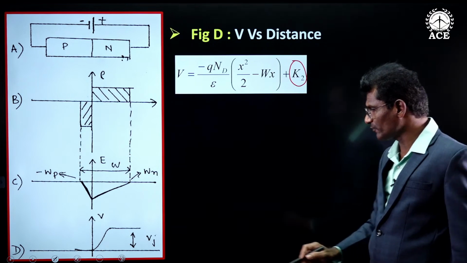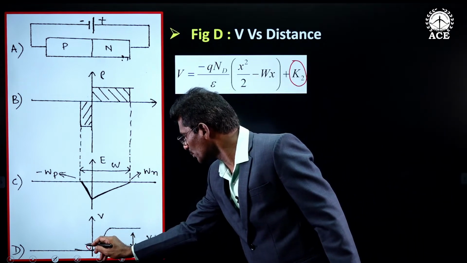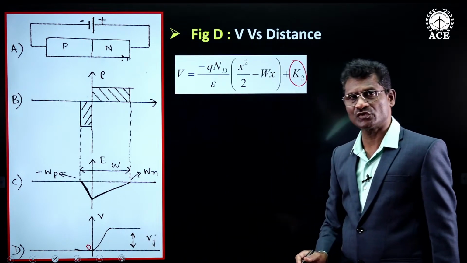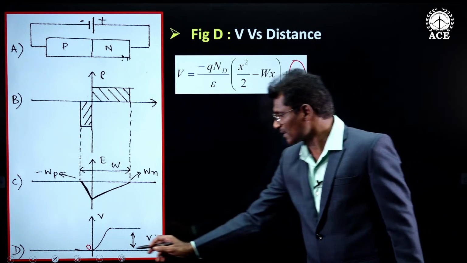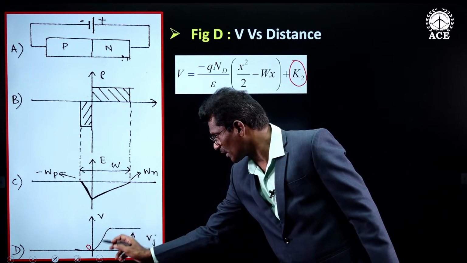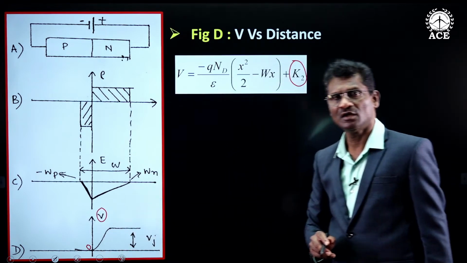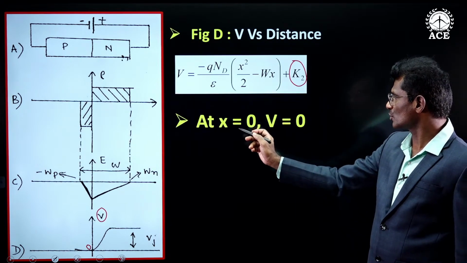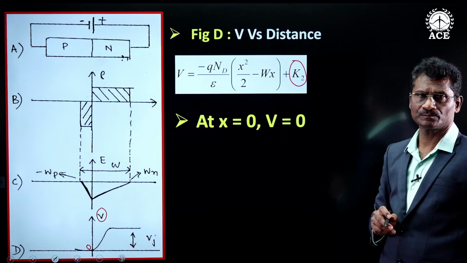Now look at this graph. This is the origin point and x-axis, as we know, is distance. At x is equal to 0, from this graph it can be observed that contact potential is also 0. So at x is equal to 0, V is equal to 0.